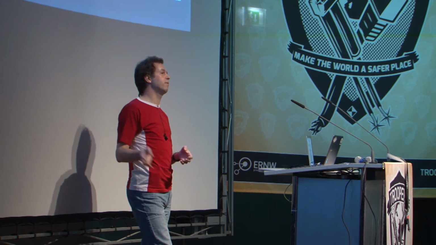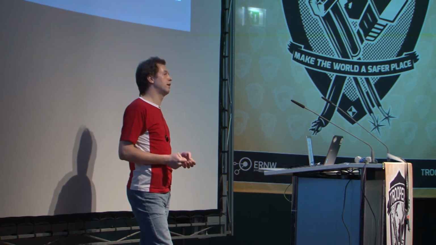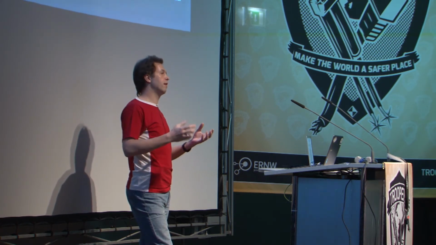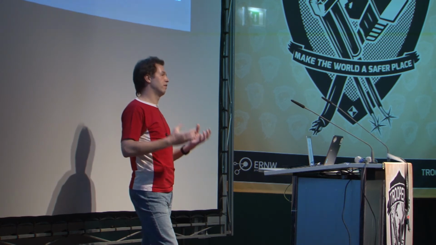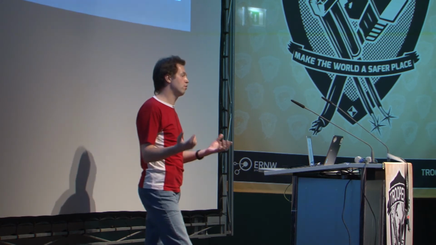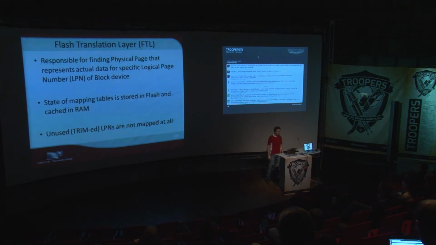Such algorithms usually exist inside the firmware to represent flash as an integral device without errors in mapping. And using the flash translation layer, it's possible to report to the flash controller that some page is not used, so send the trim command. So some logical page number would be not mapped at all.